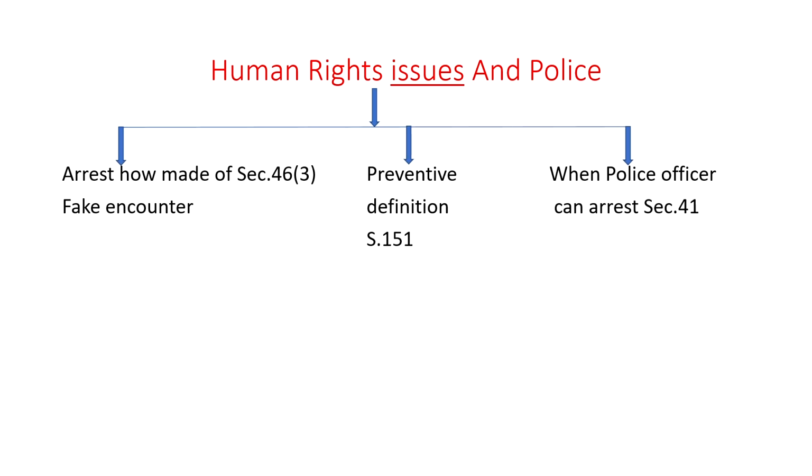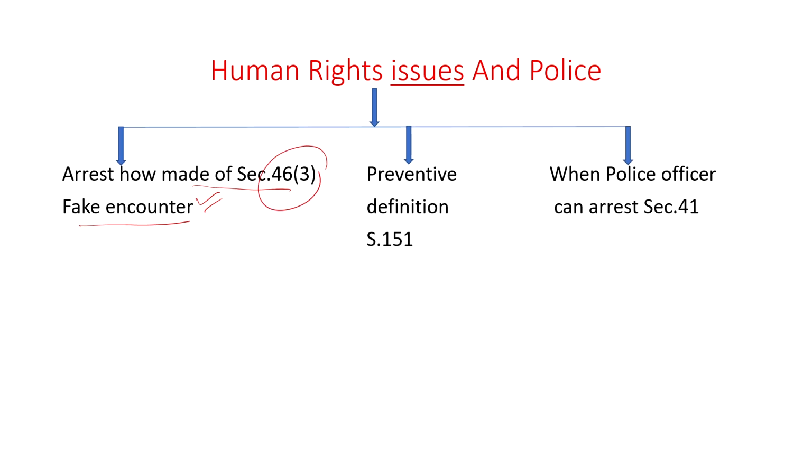I have categorized three important areas where police officers are under obligation to ensure this: how arrest is made, fake encounter. The manner of arrest is specifically provided under section 46 of this statute.